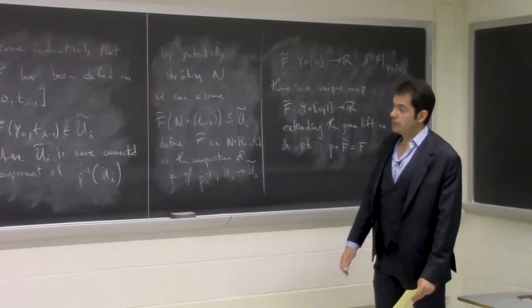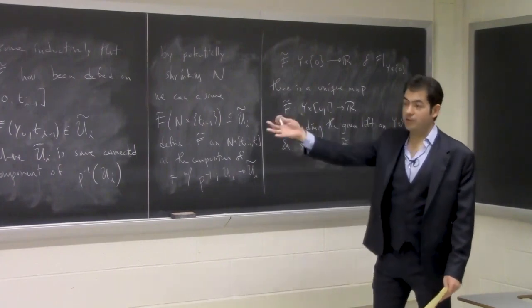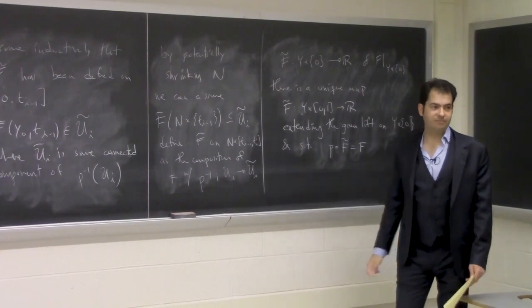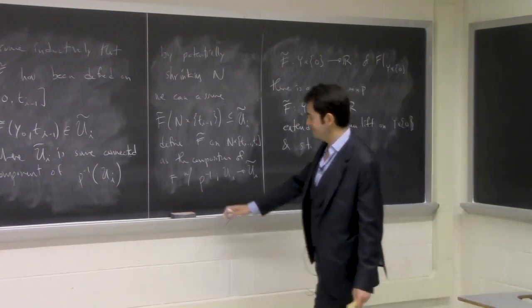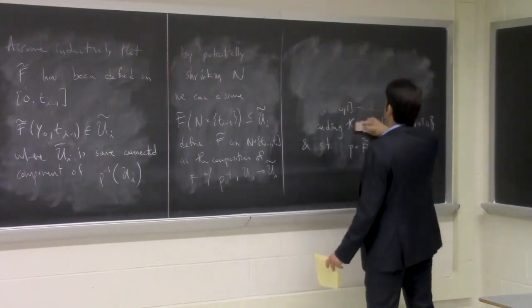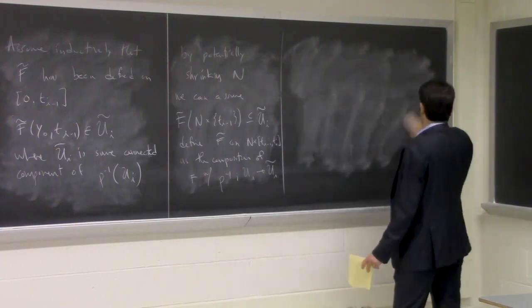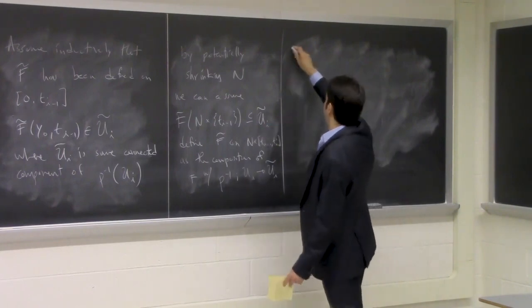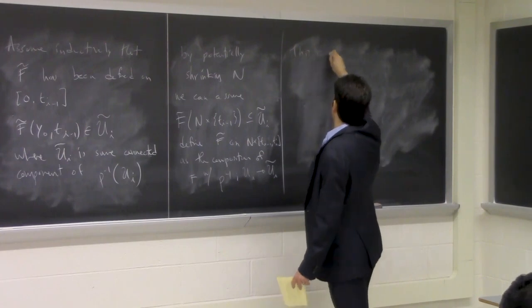Right? So again, it's a sort of proof that it's really easy to just point at the picture and explain what you're going to do, but then writing it out takes a while. Okay, so this completes the inductive step.